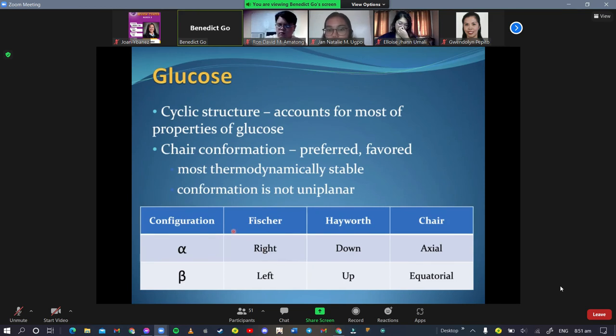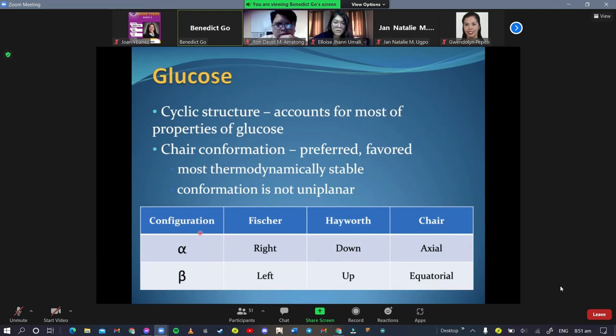Now, just to give you a summary for the cyclic structures, because they account for most of the properties of glucose. Now, the chair conformation is the most preferred or the most favored because it's the most thermodynamically stable, and the conformation is not uniplanar.